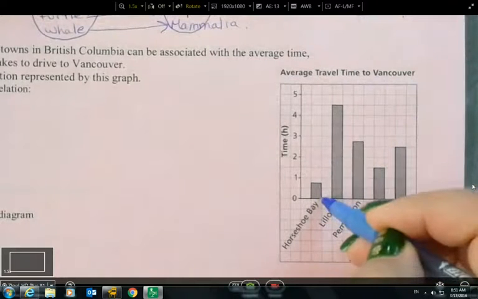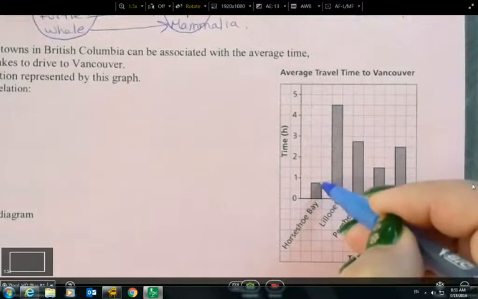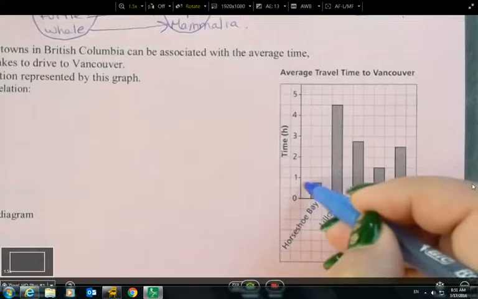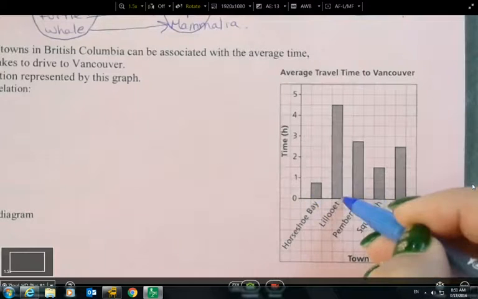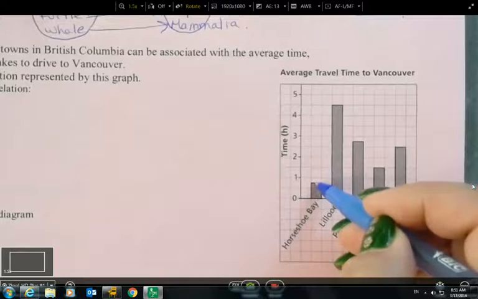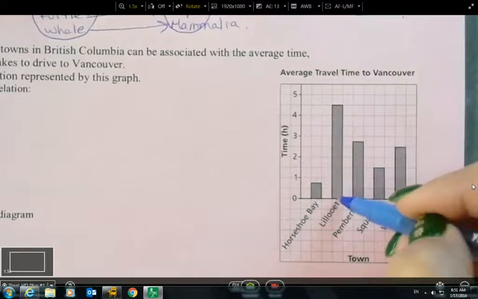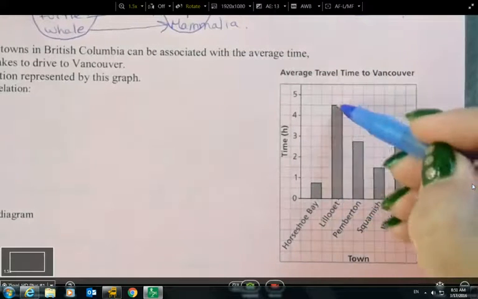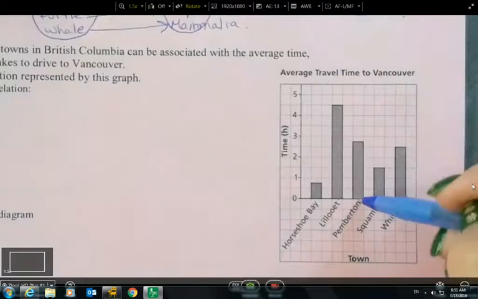So if you're traveling to Vancouver, if you're in Horseshoe Bay, it takes you how long approximately? Okay, and that's not quite an hour, it's like 3/4 of an hour, 45 minutes. And how long if you're in Lillooet? So 4.5 hours.